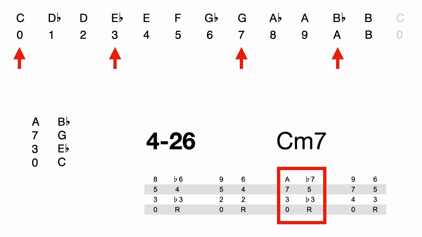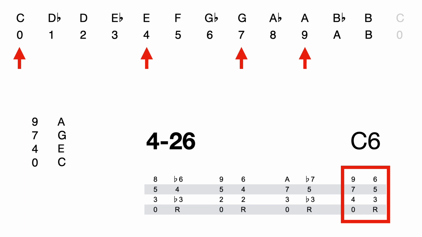But one of the inversions of that is also a C6 chord, or 0-4-7-9. So is 4-26 a minor seventh chord, or is it a sixth chord? Well, the answer is yes, it's both. It depends on how you use it, how you implement it.